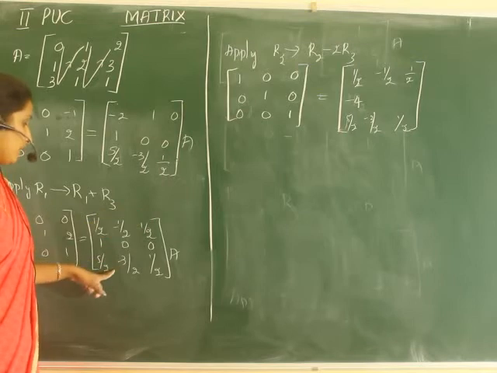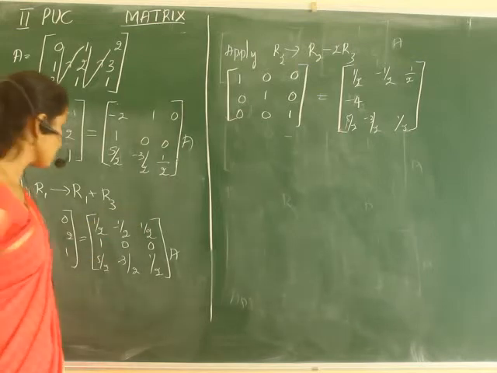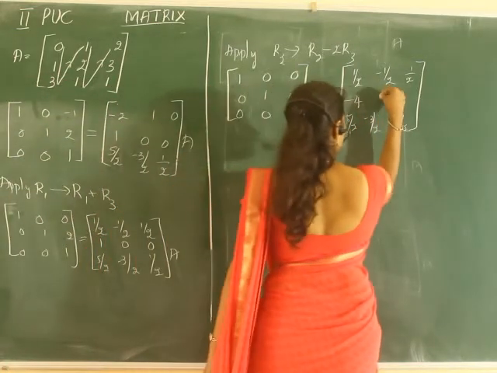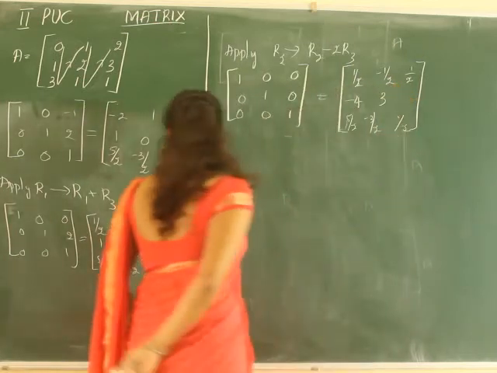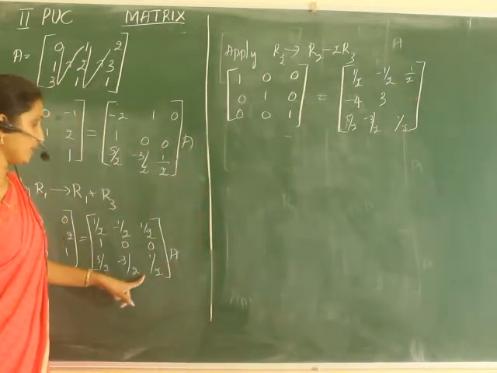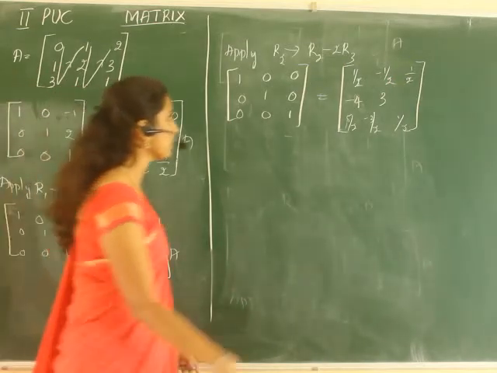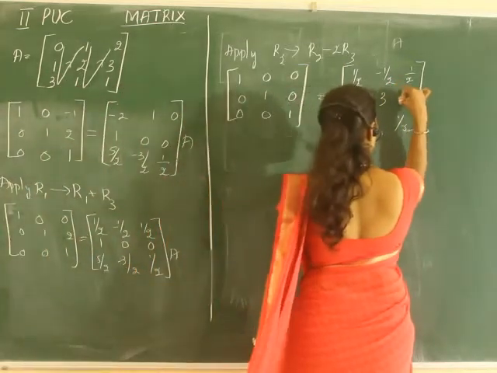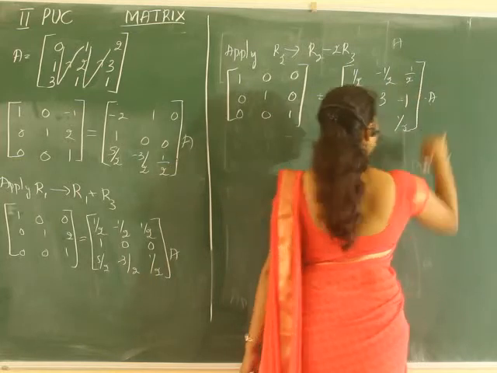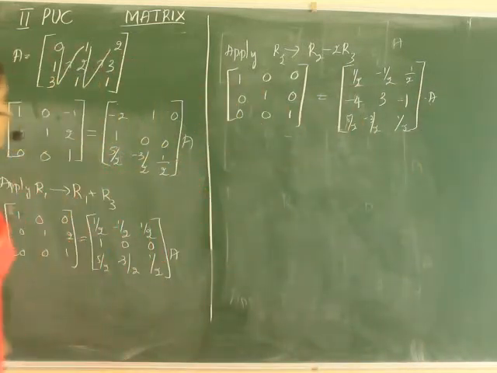So minus into minus is plus, we get plus 3. Then 0 minus 2 into half. 2 and 2 can be cancelled. We get minus 1, into A.